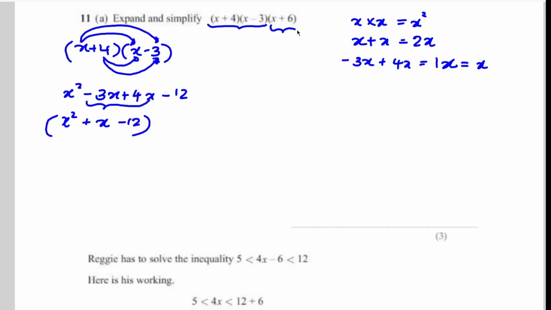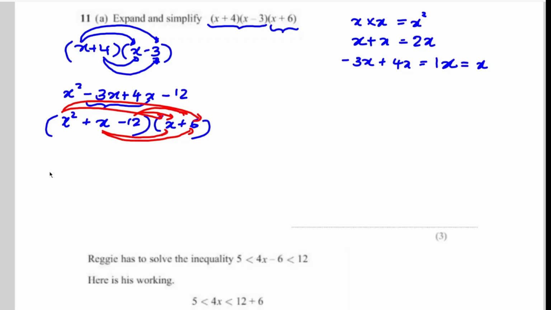Now pick this bracket, which is x plus 6. This one into this, this one into this, and again, so 6 terms will be there.